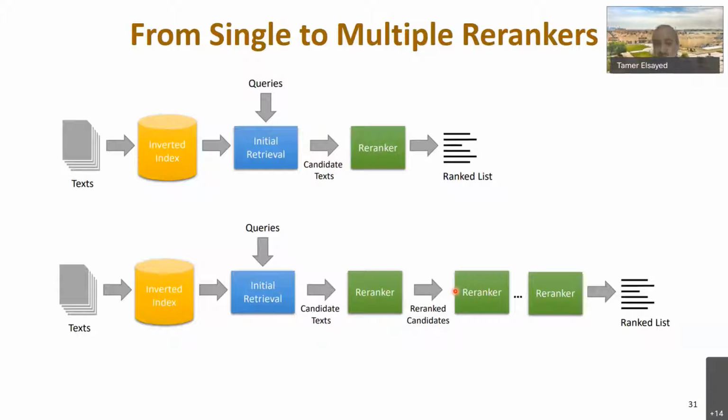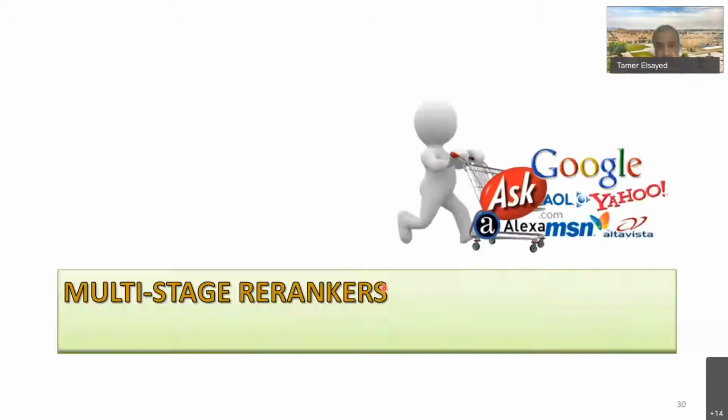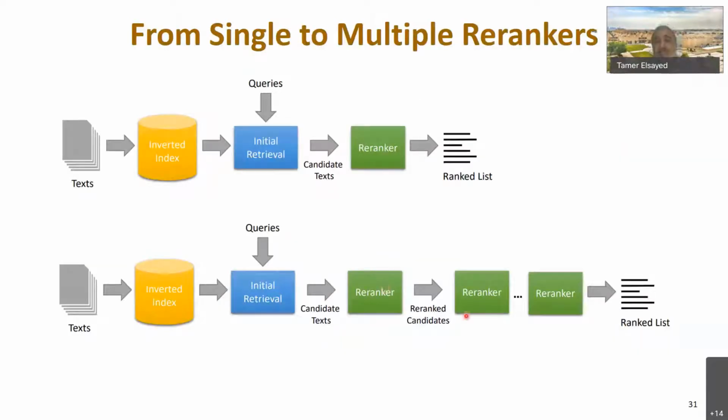Why is that? Because as we add more re-rankers, the list of candidates is shortened. For example, let's say that we have 1,000 documents. We do re-ranking, and then we get the top 100.